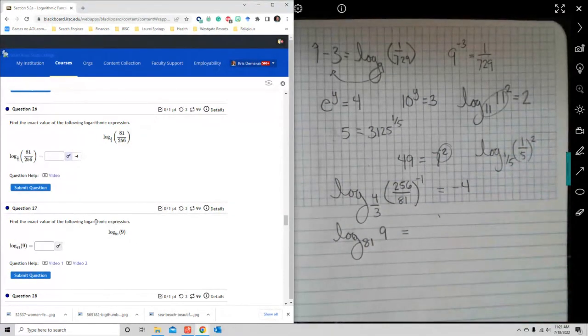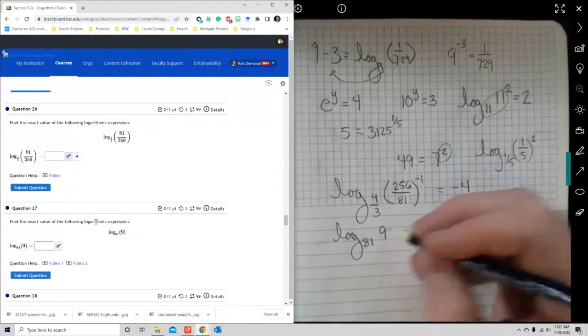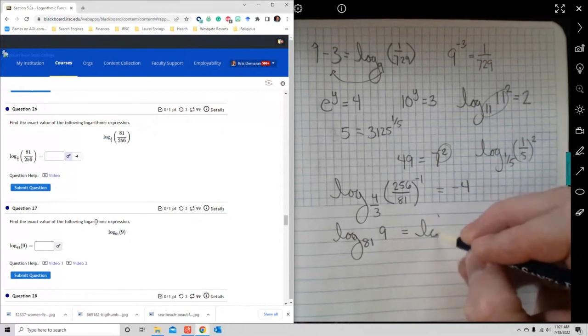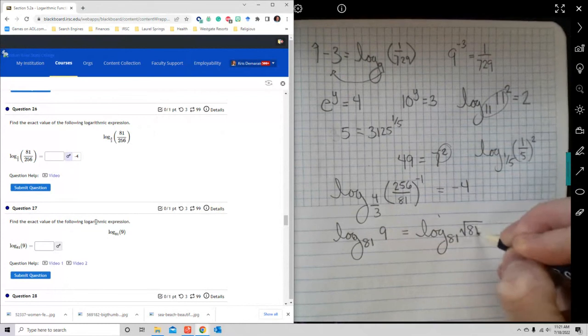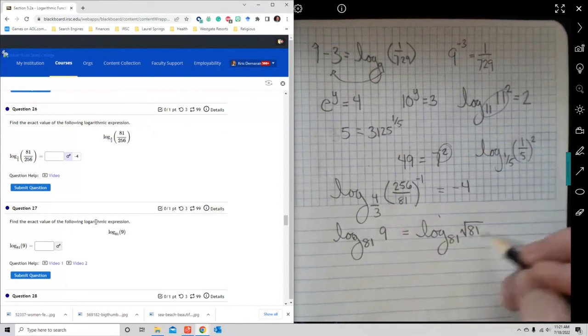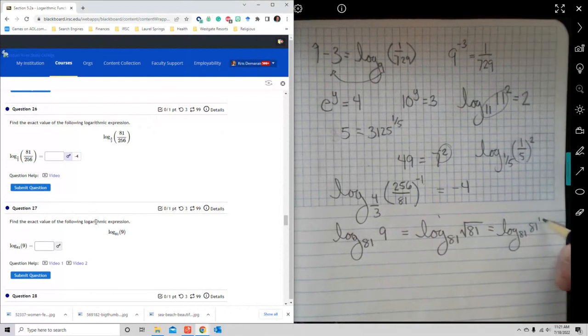Well, we have to go up in value systems, but we've got to think about what 9 really is in terms of 81. If we think about log base 81 of the square root of 81, which is the equivalent value of 9, then these would match. That means our exponential power is 1/2, and therefore our answer is 1/2.